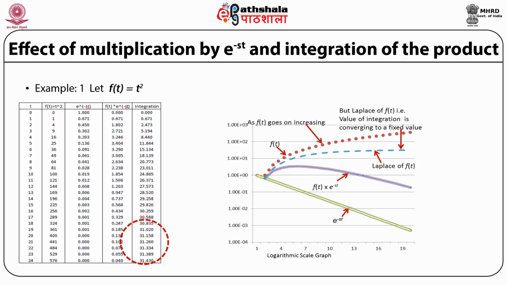It looks like a straight line in a logarithmic scale, but it may look like a decaying line in a normal scale. You can plot that e power minus st since you have that graph also. Now when you multiply with the function f of t, you see the violet line. Then when you take the Laplace transform, you see it converges to a constant fixed value.